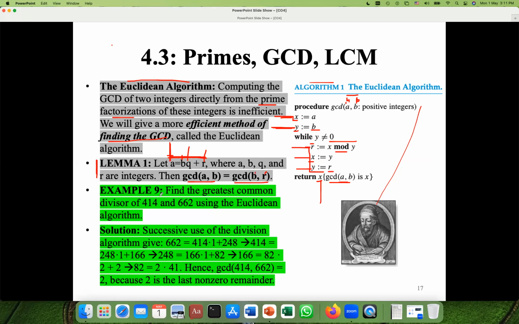And now we have this example. Find the GCD of 414 and 662 using the Euclidean algorithm, not the similar method that you got from your childhood classes. Use the Euclidean algorithm to find the GCD. A question like that can come in a quiz or homework or whatever.